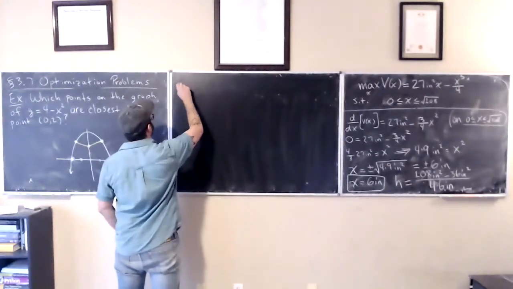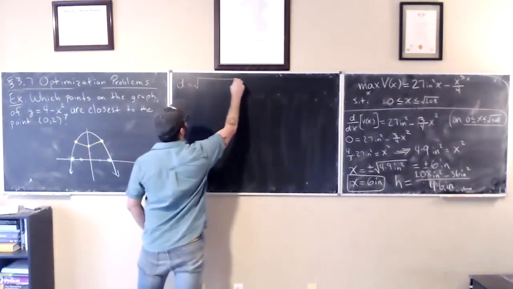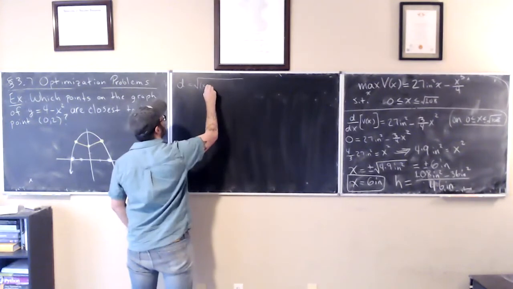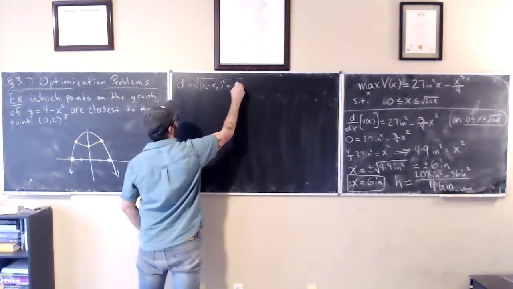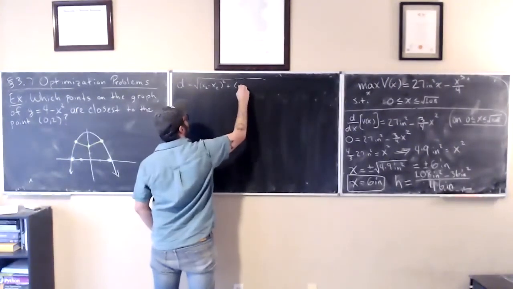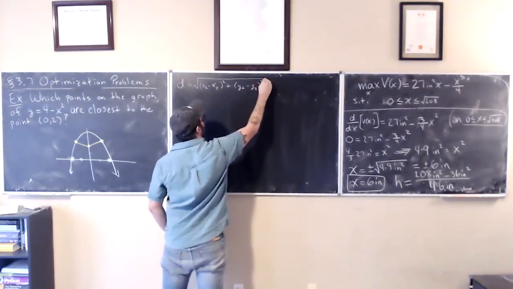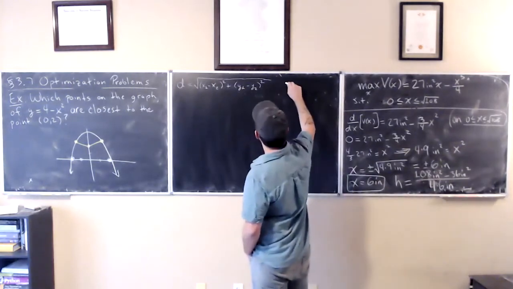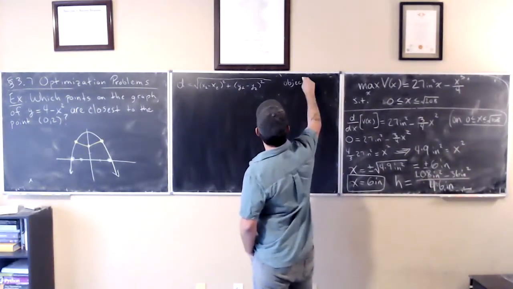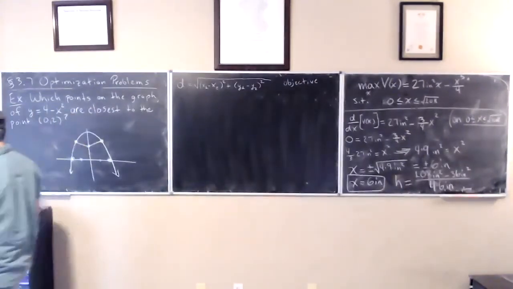So I can say the distance between 2 points is equal to the square root of (x1 minus x2) all squared plus (y1 minus y2) all squared. So this will be the objective function, or the primary equation that your textbook uses.